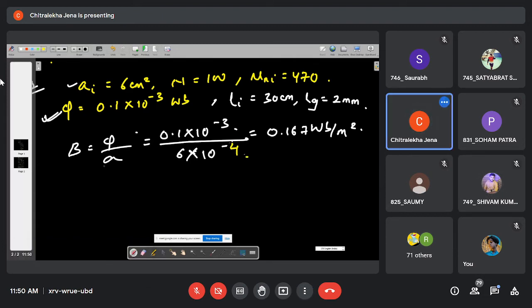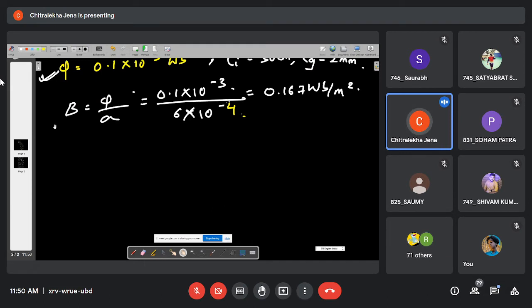Very good. Now I will find Hg Lg, which is the ampere turns for the air gap.